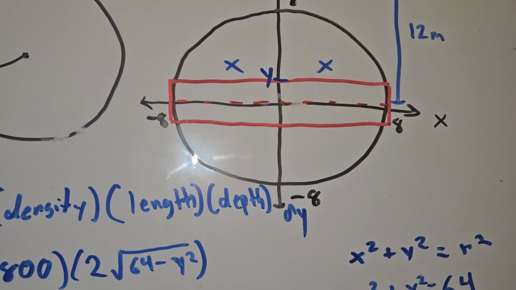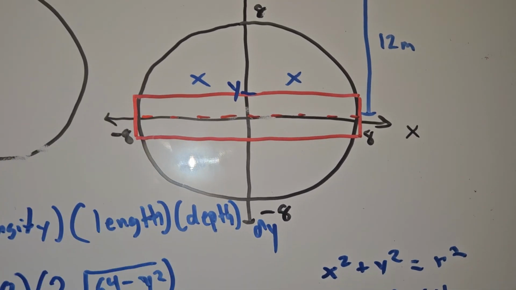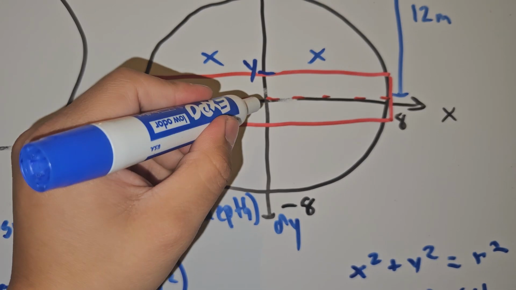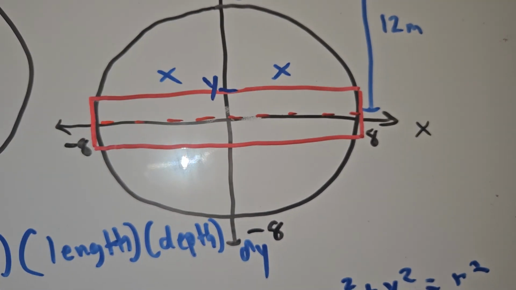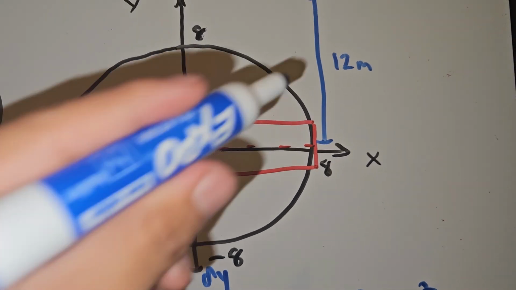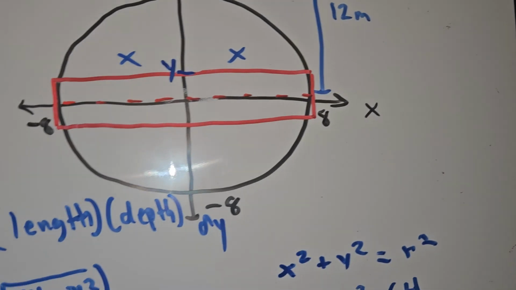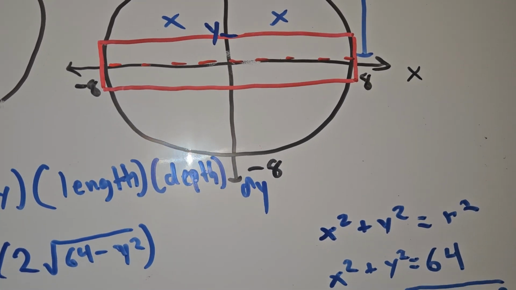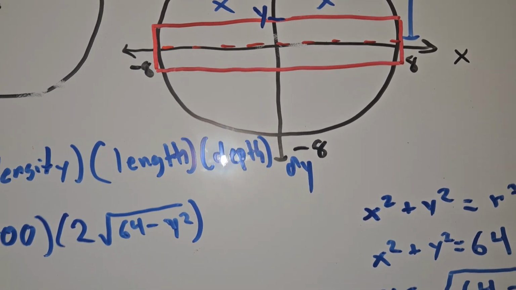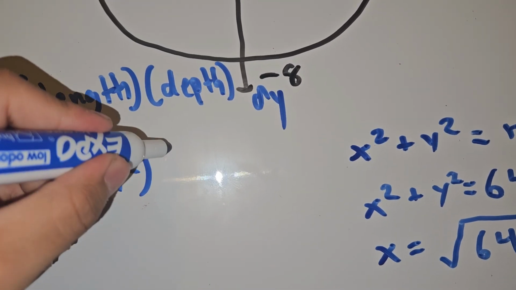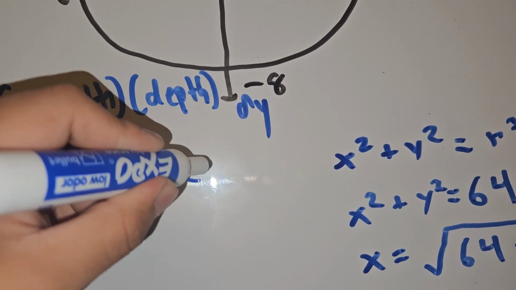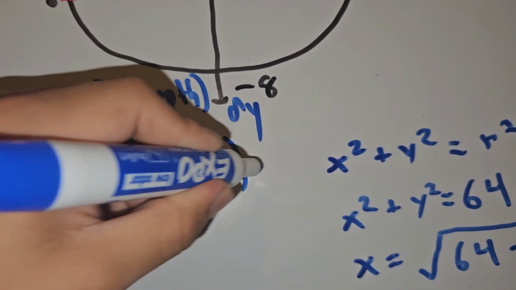That is why I said it doesn't matter where your rectangle is, because we cannot just say that's 0. Y is going to be any generic point. So your depth is going to be 12 minus Y. We cannot just say your depth is 12 for sure. We're just going to say it's 12 minus Y, dy.